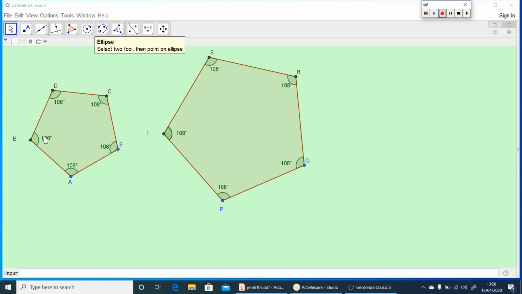Here you can see all the angles are equal. Now let me take the ratio of their sides. Here the ratio of the sides is equal to 4 by 7 in all cases. That means all regular polygons are similar to each other.